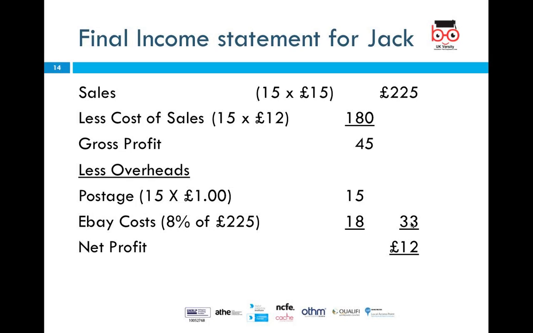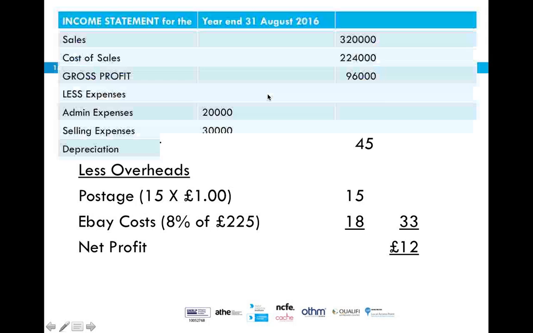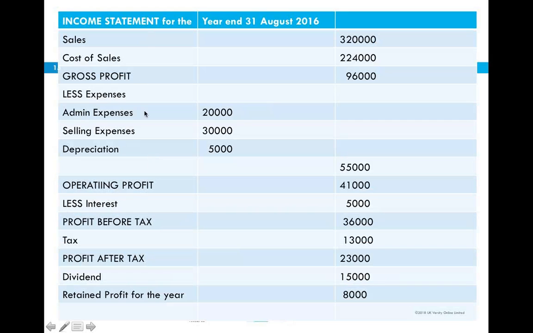That's £33 of selling overhead cost, and so the net profit will be £12. So these are the different types of overhead costs, and they depend on the sales.